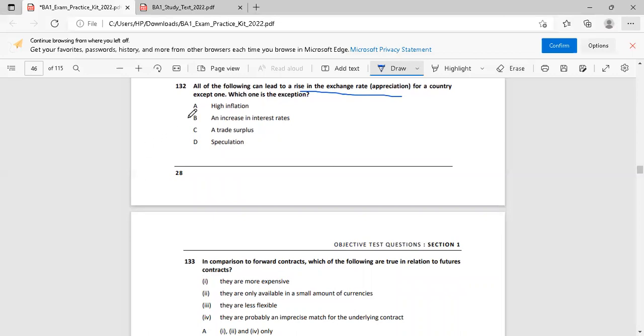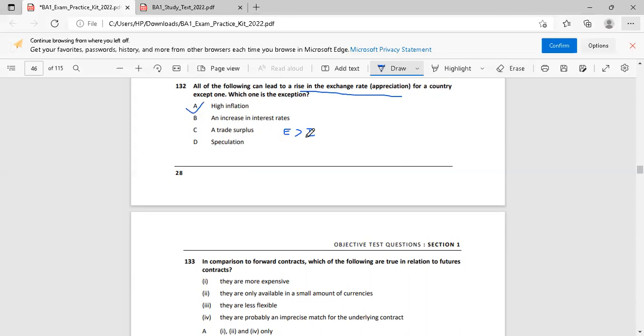Okay, when does a trade surplus happen? A trade surplus happens when the exports exceed the imports. So here, in terms of imports, they will have to pay more, and on exports they will receive more.